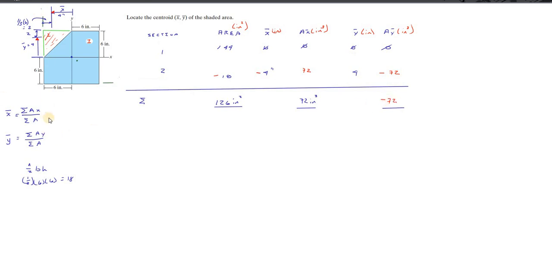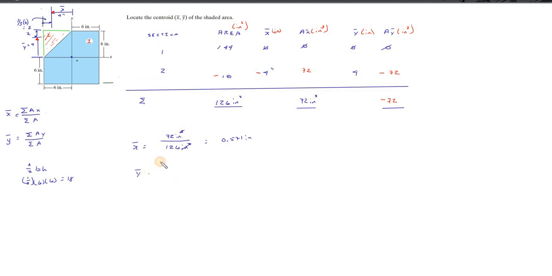So now all we've got to do is plug into our equations here. X bar is the summation of AX, which is going to be 72 inches cubed, over the summation of my area, which is going to be 126 inches squared. Computing that, I get 0.571 inches, because you notice the units cancel there.